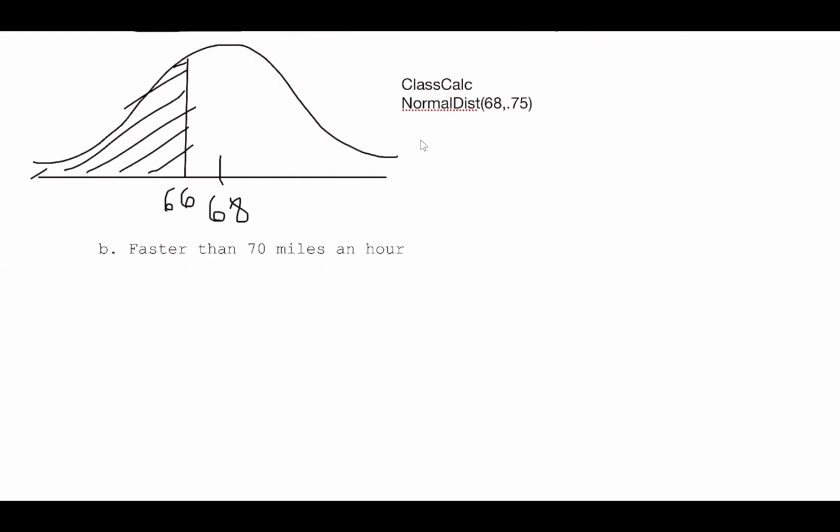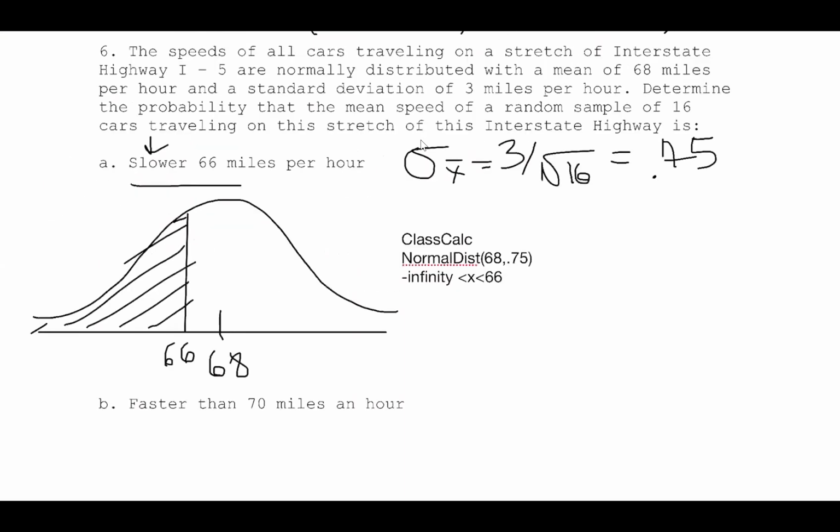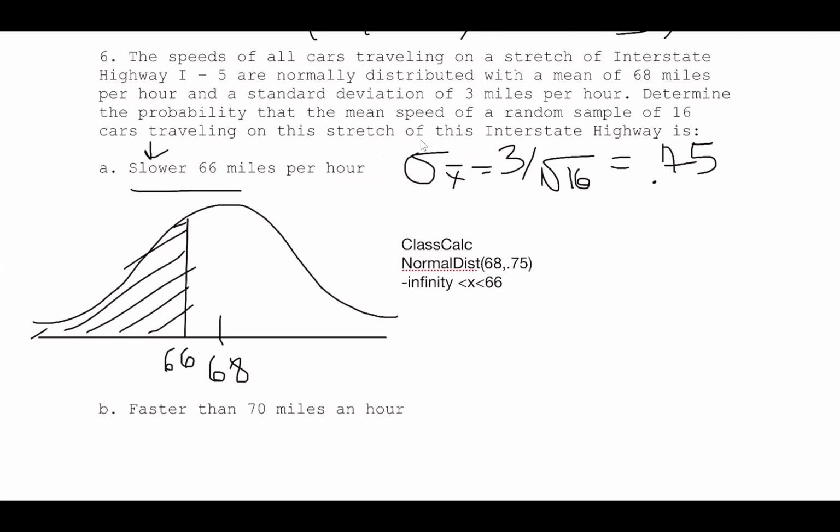For the lower bound, we put negative infinity, and for the upper bound, the highest value that gets shaded, which is 66. So we enter normal distribution 68, comma 0.75, from negative infinity all the way to 66.